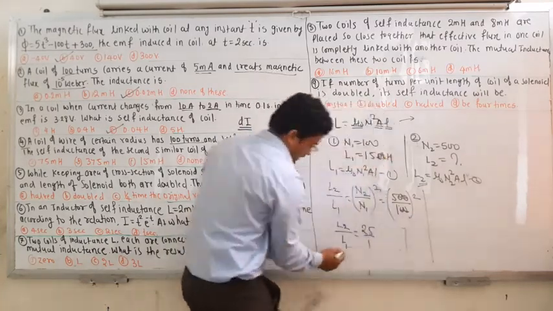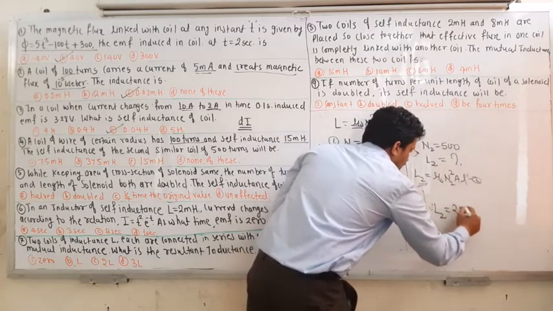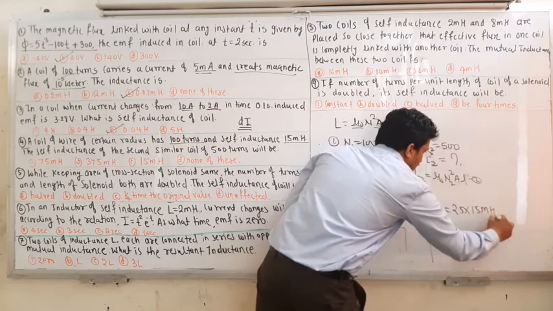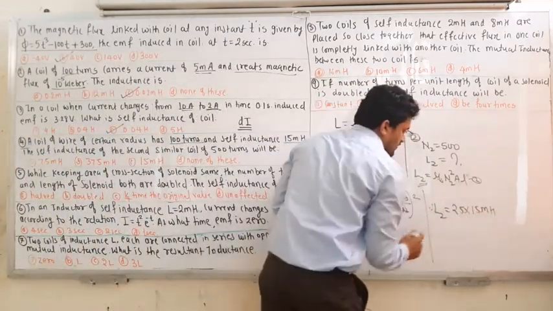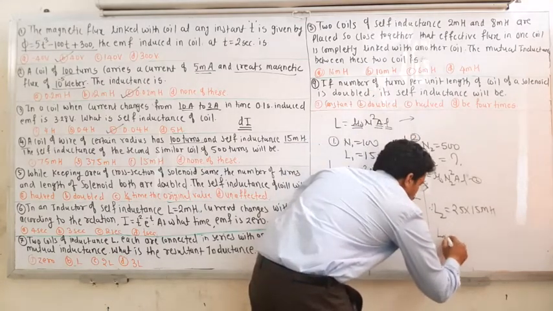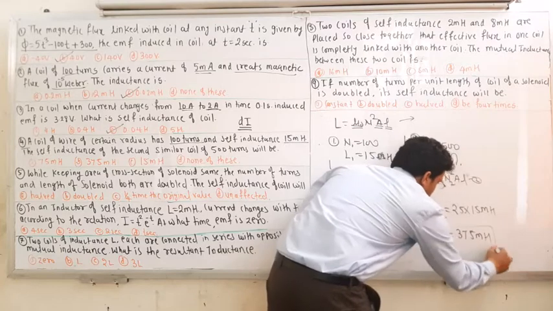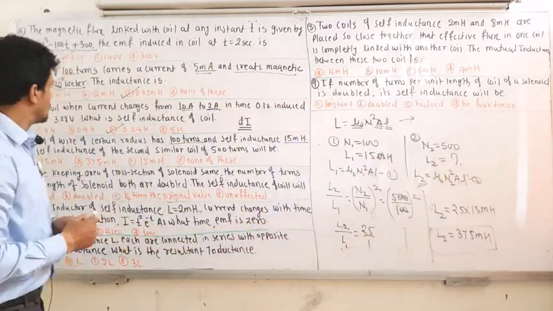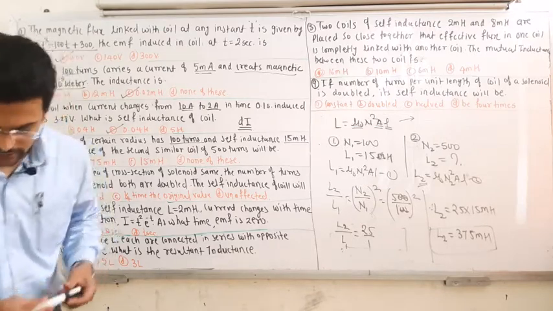But L1 is given, therefore L2 is equal to 25 multiplied by 15 milli Henry. If you multiply this, you will get L2 is equal to 375 milli Henry. So this is your answer. So option B is correct.